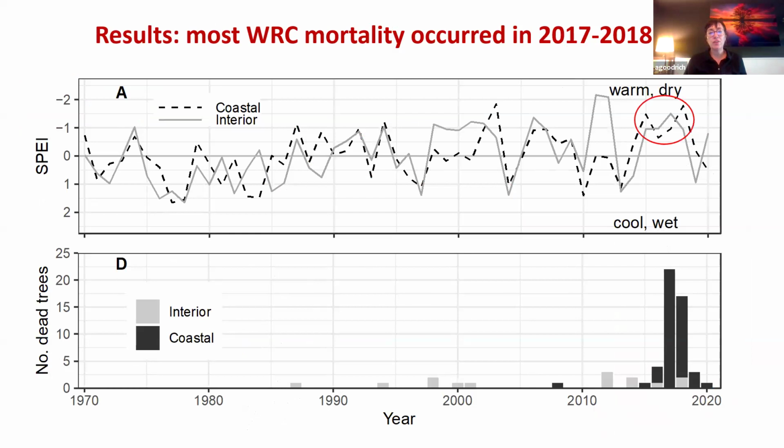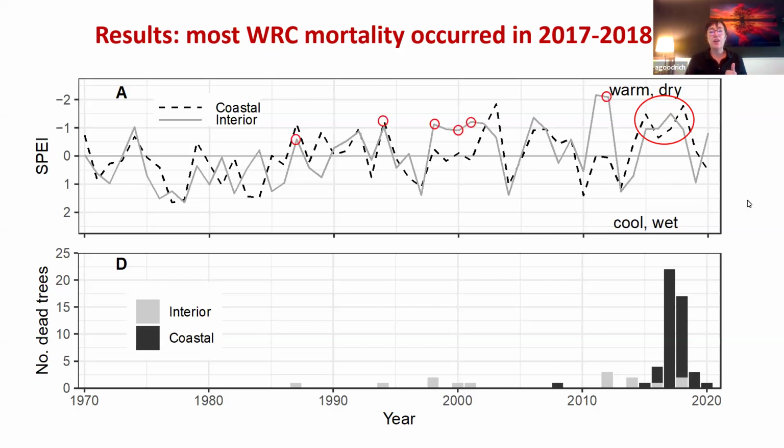That also coincided with a very warm, dry couple of seasons in both the coastal and interior populations of the western red cedar. And this is shown by SPEI, the standardized precipitation evapotranspiration index. If it's over this line of 0, we're usually talking about warm, dry conditions. And if it's down here, it's cool and wet.